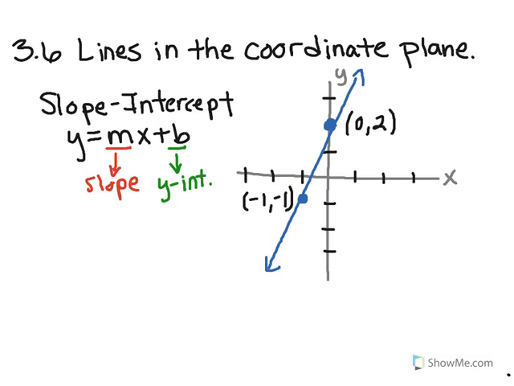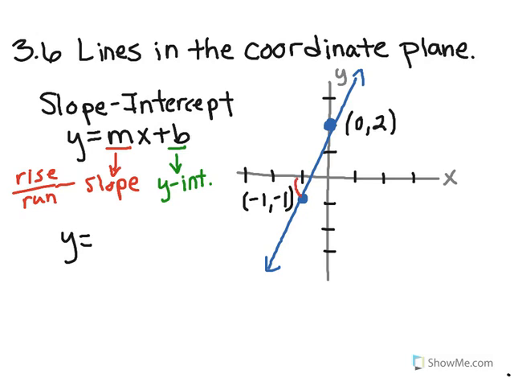So if I were to create a function for this line in particular, I first need to determine my slope, which is rise over run. If you don't remember this, make sure to write it down. Rise over run, how much I go up over how much I go over. So I'm going to start from the point farthest to the left, and I'm going to see, if I follow the grid lines, how I'm going to get to this next point.